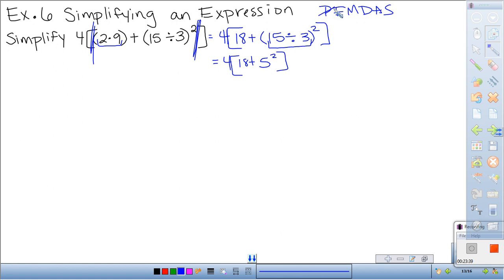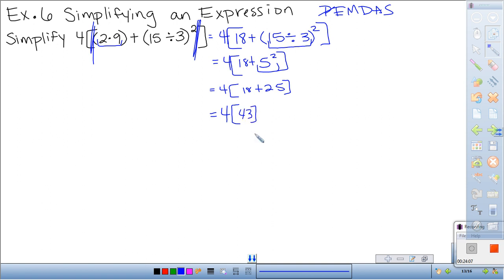Okay, now we've gotten rid of all of our parentheses, so I'm going to take care of this exponent right here. So I have 4 times the quantity, 18 plus 5 squared is 25. And finally, we're down to one operation, 18 plus 25. So if you want, you can leave the brackets because it still means to multiply, just like parentheses, and then just add 18 plus 25, which is 43.